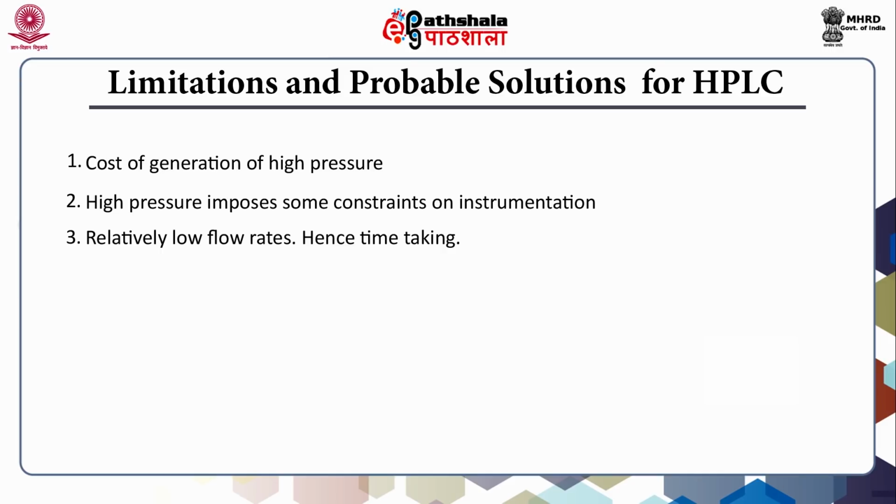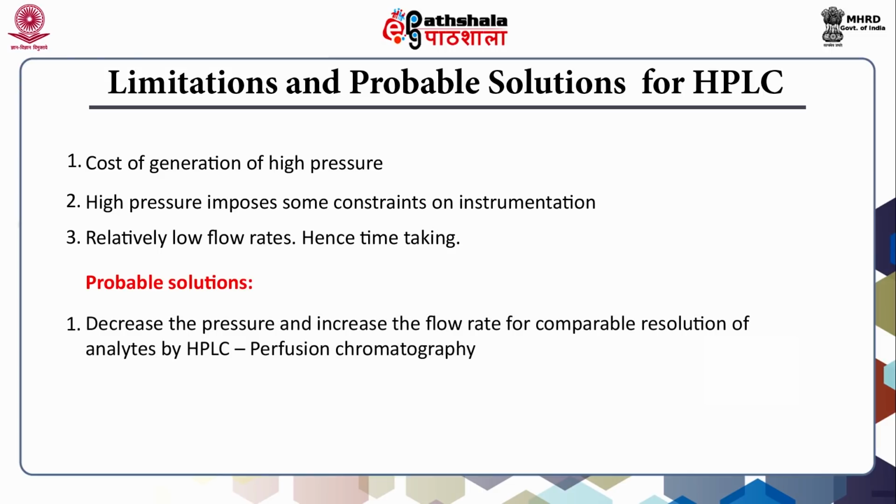So, these are the main three limitations for HPLC, and these can be overcome by decreasing the pressure and increasing the flow rate for comparable resolution of analytes by HPLC. This can be done by another alternative for HPLC, called perfusion chromatography.